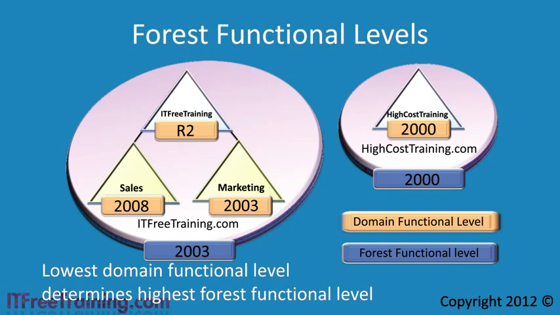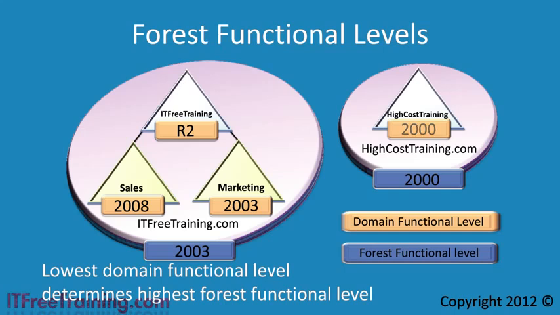On the High Cost Training forest, I have a Windows Server 2000 native domain and a Windows Server 2000 forest. In order to raise the forest level to Windows Server 2003, I need to first raise the domain level to Windows Server 2003. To do this, I first need to upgrade all the domain controllers in the High Cost Training domain to Windows Server 2003.